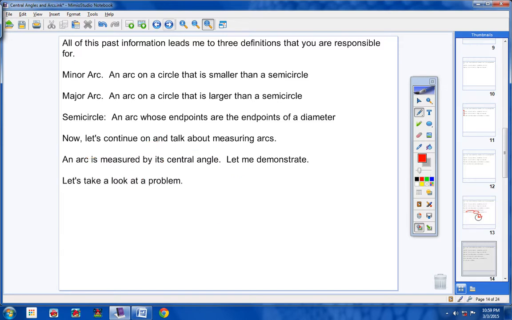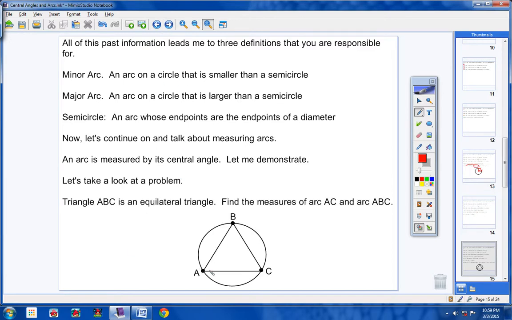So please copy this in your notes. Here we go. Please copy this in your notes, the best you can. Triangle ABC is an equilateral triangle. So the best that you can, draw an equilateral triangle, and then draw a circle around it so that we have a circumscribed circle, okay?